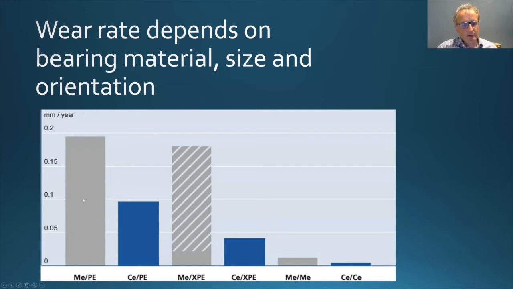You can see metal on polyethylene wears up to 0.2 millimeters per year. You put a ceramic head on that, where it's smaller, and it's less than 0.1 millimeter. If you put metal on cross-linked poly, you bring the wear rate down, and ceramic on cross-linked poly massively down. And then these are trying to make it even lower: metal on metal and ceramic on ceramic.